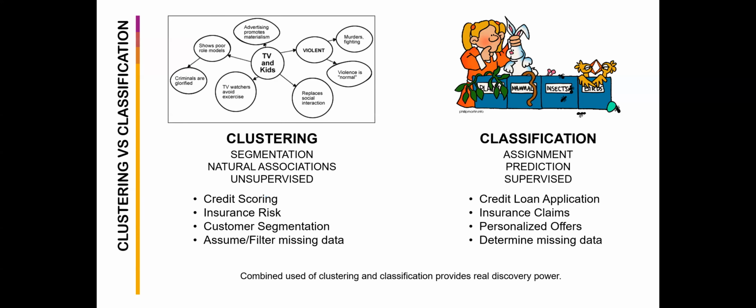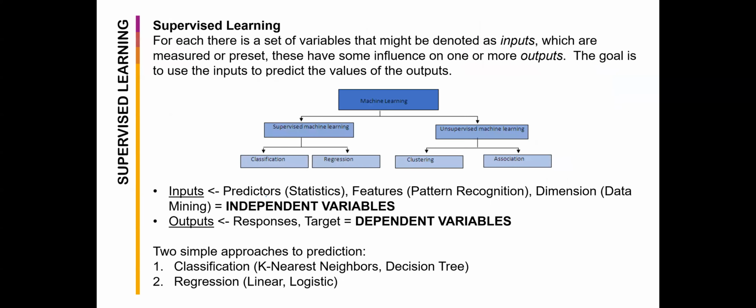Now, we've mentioned supervised learning. It's basically the existence of the target or dependent variables, not just the inputs. The inputs are considered predictors if you're coming from a statistics background, features if you're coming from pattern recognition, or what we've been discussing for quite some time, dimensions, since we're talking about data mining.